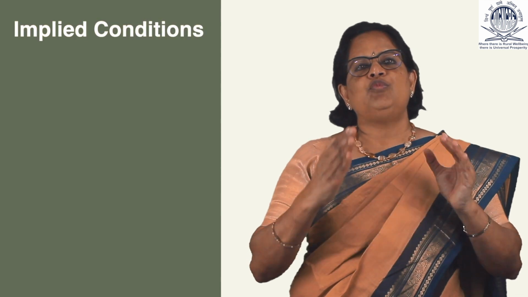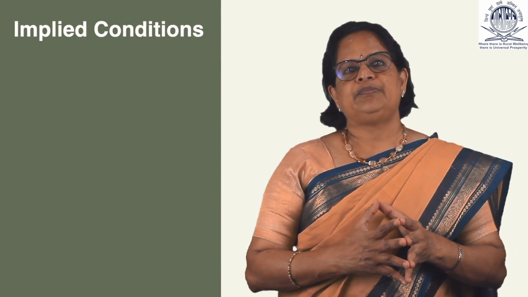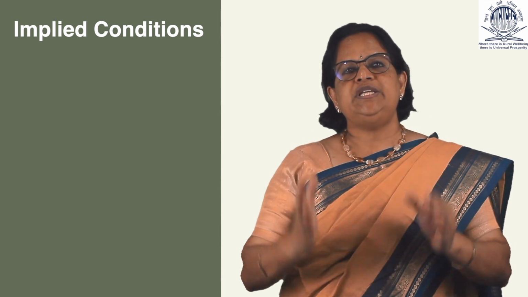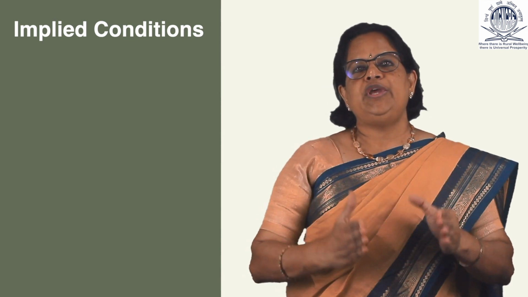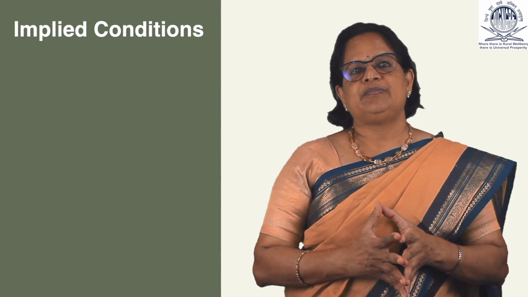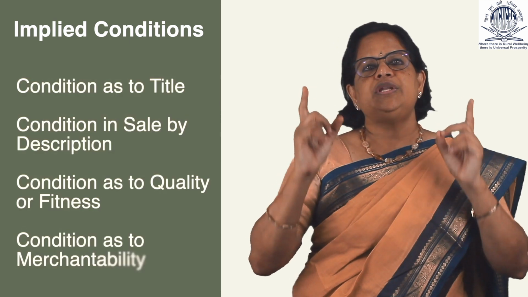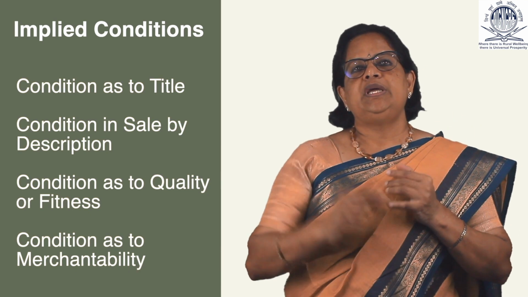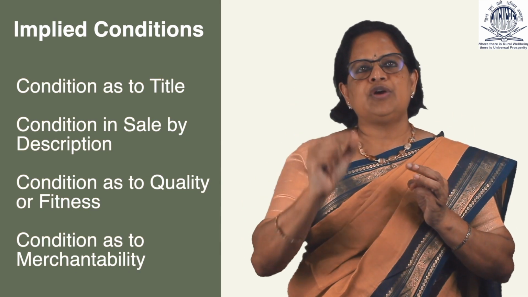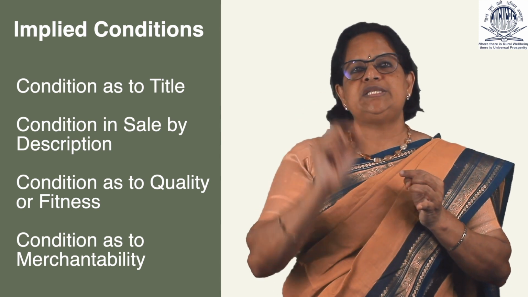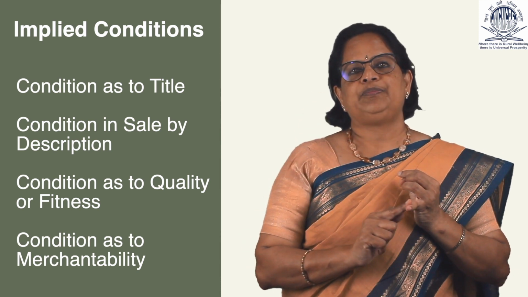Now, let us learn what are implied conditions. I have told you earlier that we will learn these points in detail. The following are the implied conditions. The first implied condition is condition as to title. In simple words, in every contract of sale, there is an implied condition that the seller has the right to sell.